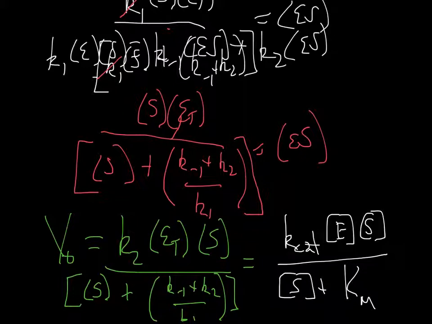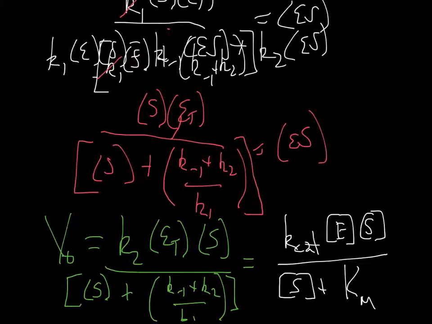Okay, and that capital Km is called the Michaelis constant. And many times it's erroneously labeled as being the dissociation constant. The only time that Km is equal to Kd for substrate is in this example right here. If you have an EP, then it can't. It'll give you a lower limit for it, but it's not exactly equal to Kd.